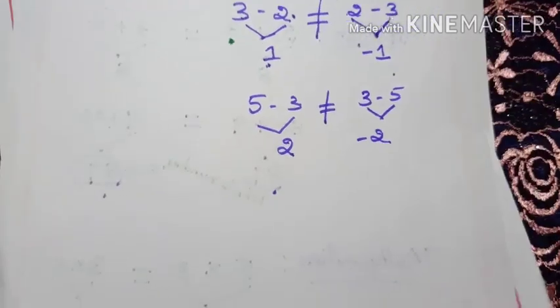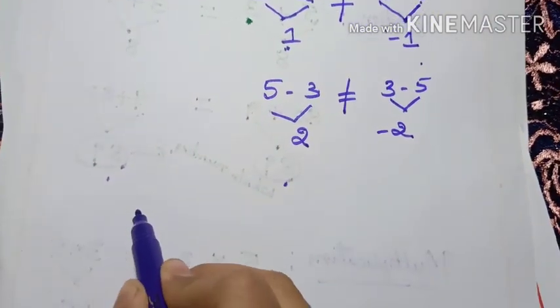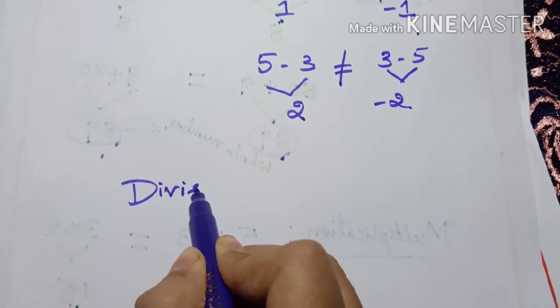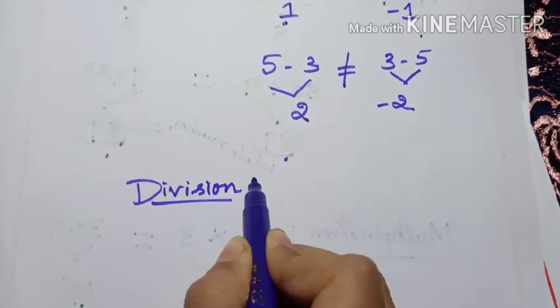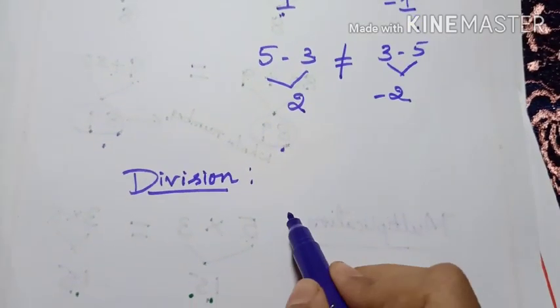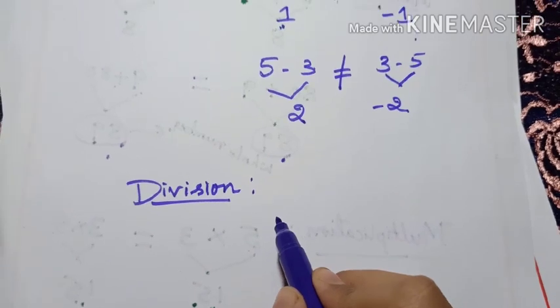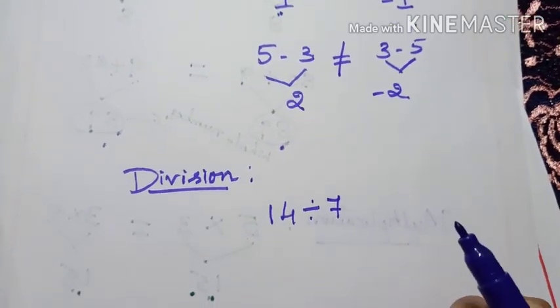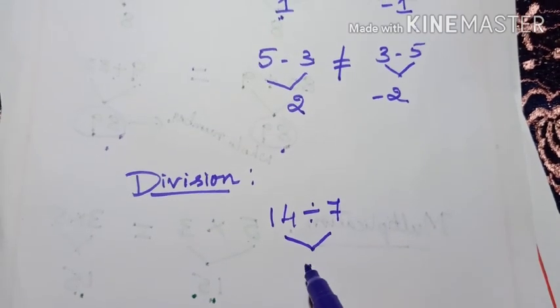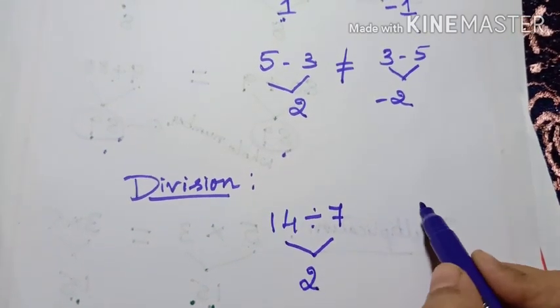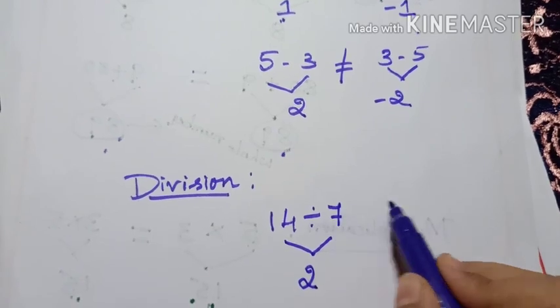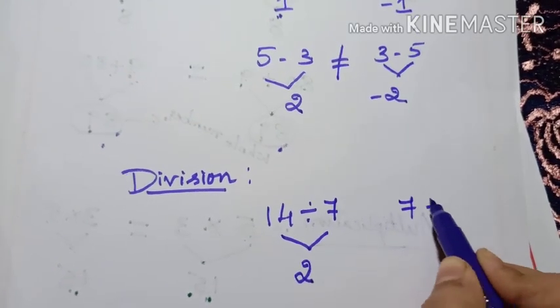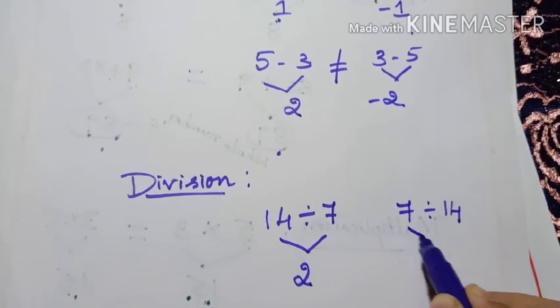Just like the subtraction, division also does not satisfy the commutative property. For example, 14 divided by 7. So 14 divided by 7 is 2. And when you reverse this order, 7 divided by 14.